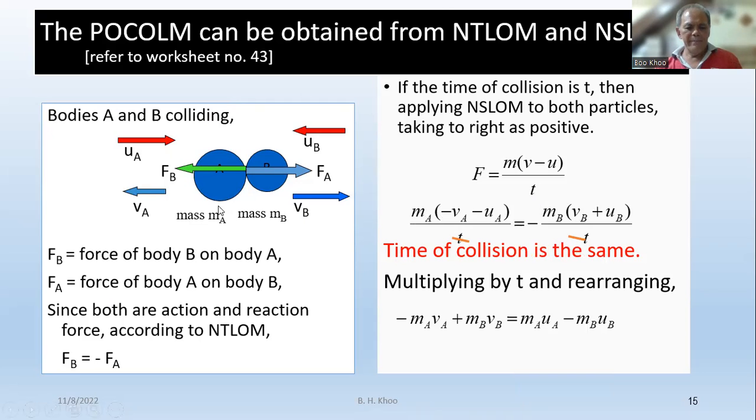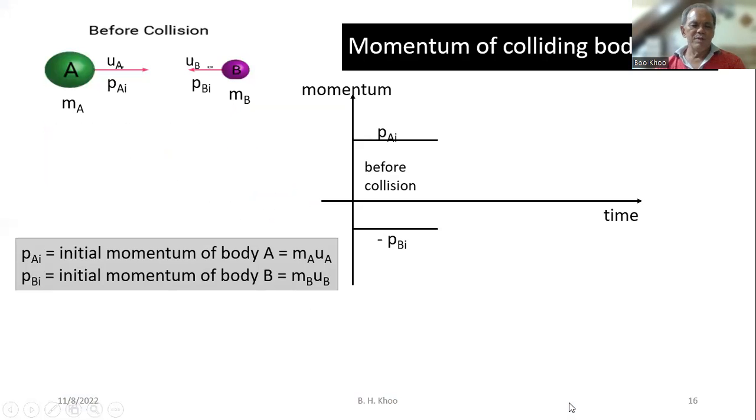MA times UA minus MB times UB, and check and see, MA times VA equals MB times VB. You should be able to draw the graph of momentum against time.